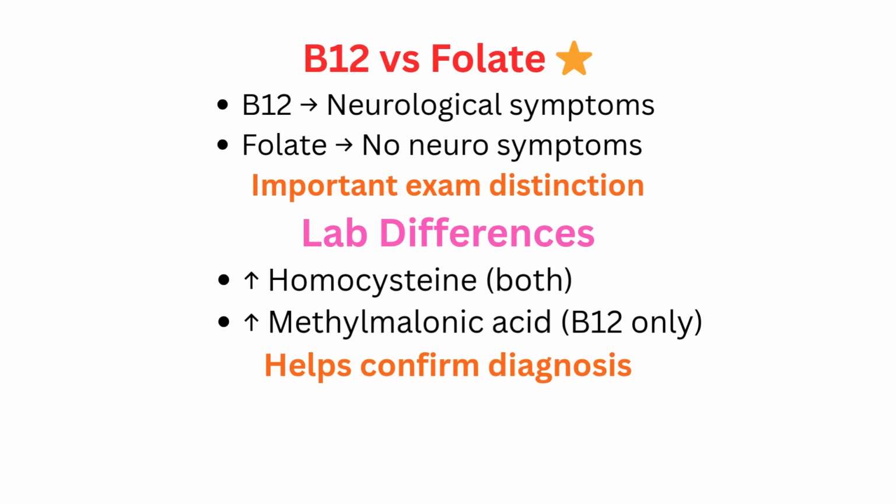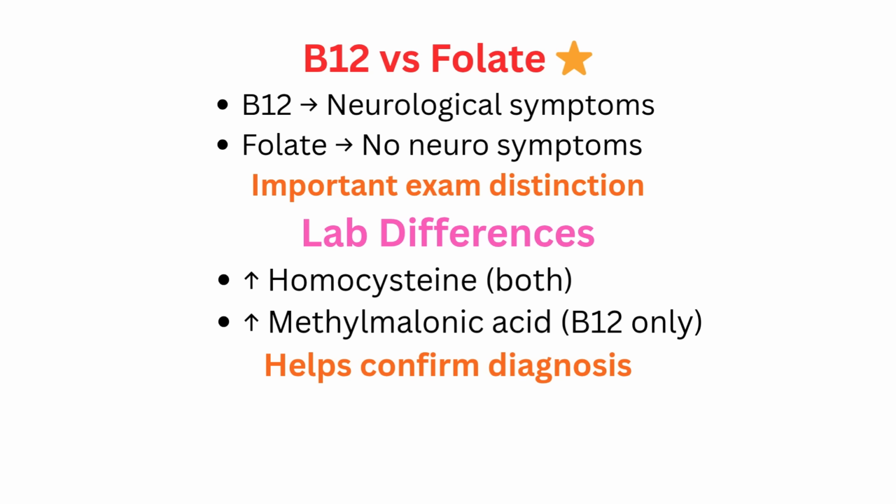Here's the key difference. B12 deficiency causes neurological symptoms, while folate deficiency does not. It is an important exam distinction that you can remember. Both have high homocysteine, but only B12 deficiency has elevated methylmalonic acid. So, lab differences are: both have increased homocysteine, but only methylmalonic acid is increased in B12 deficiency.